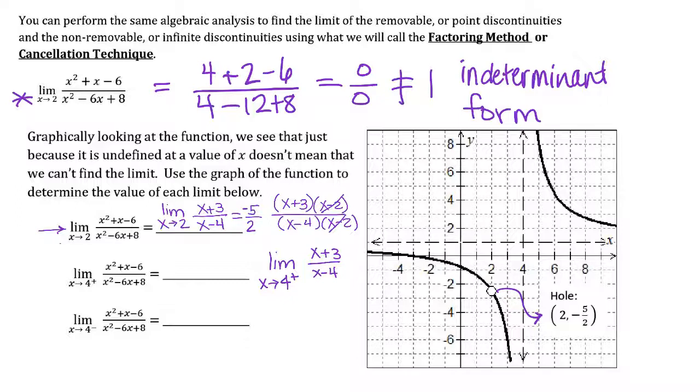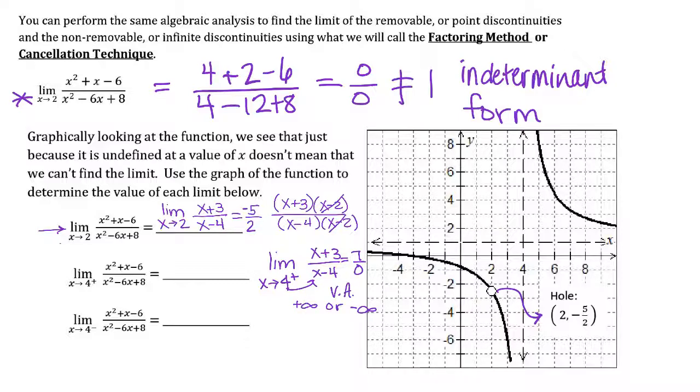Now, if I substitute in a 4 right here, I'm going to get 7 over 0, which tells me that if I have a 0 in the bottom, I have a vertical asymptote. My answer, every time I see this, will either be a positive infinity or negative infinity.